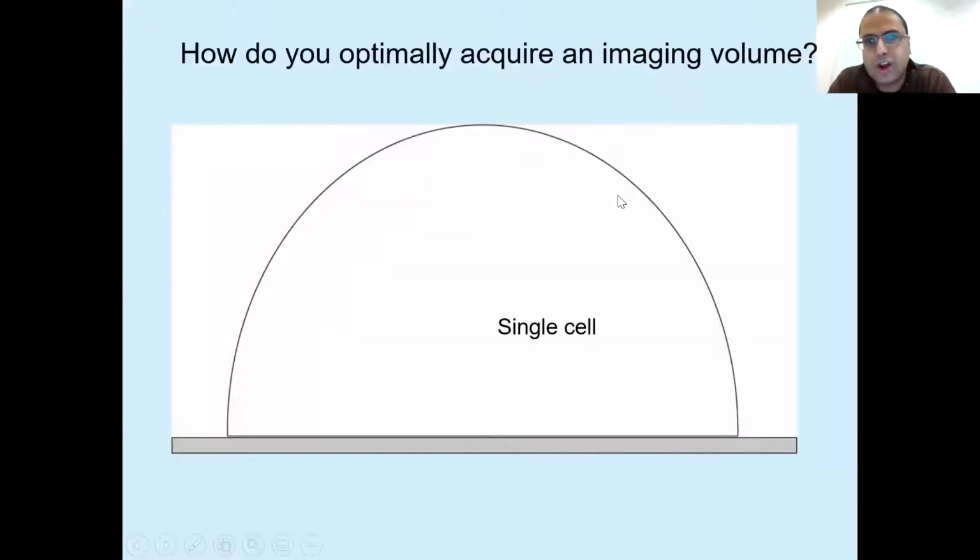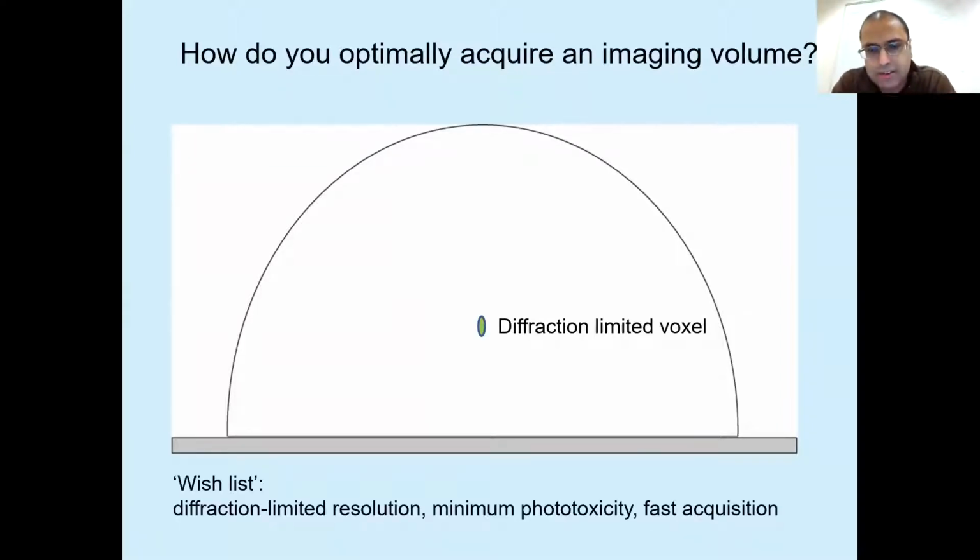So I want to start very generally and just think, how do you optimally acquire an imaging volume? Let's say we take a single cell that you grow on the cover slip. Some of the things you might like in your microscope images are diffraction limited resolution. You'd like to take that cellular volume with minimum phototoxicity, right?